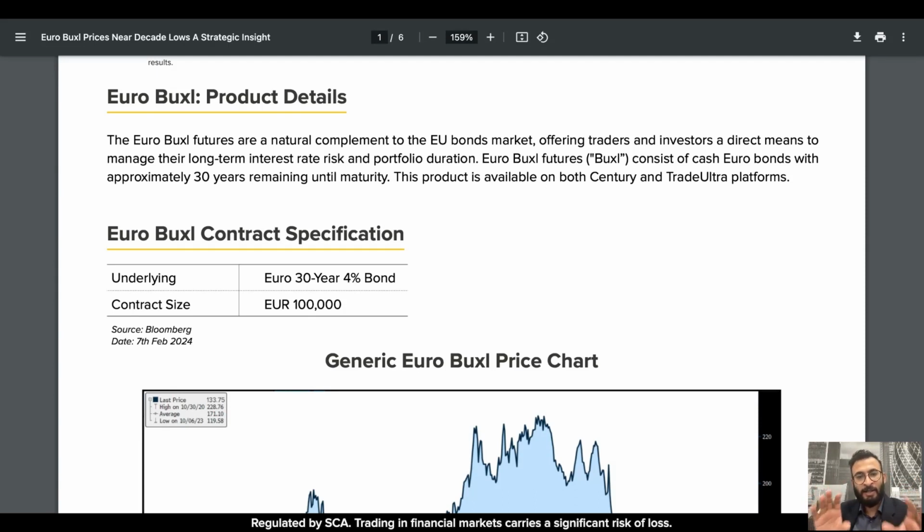These are 30-year bonds which have a 4% coupon, 4% interest rate. All these European bonds are put together, but these are longer term maturity bonds. Please understand this, longer term maturity bonds.